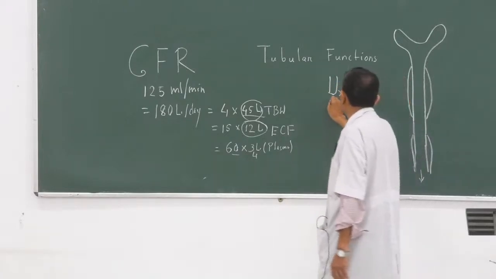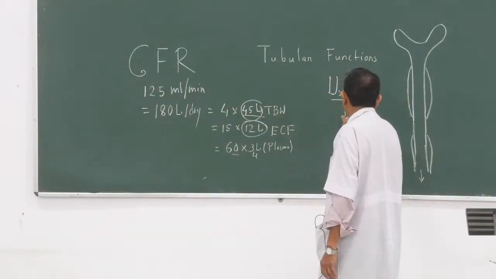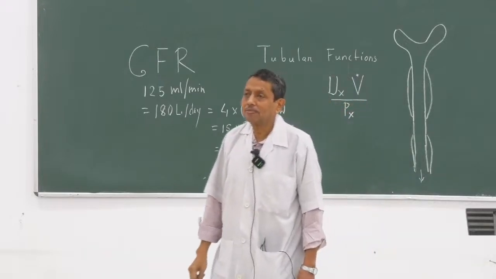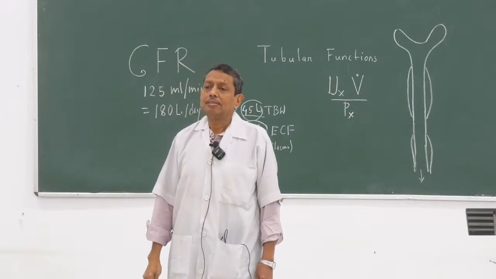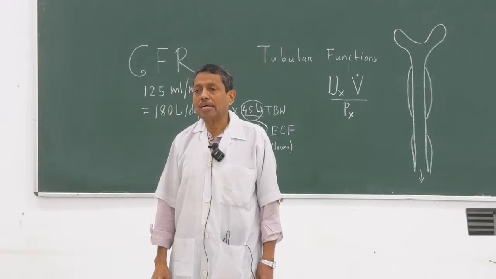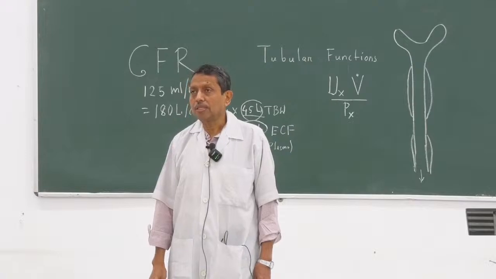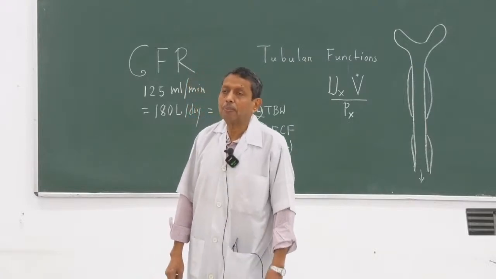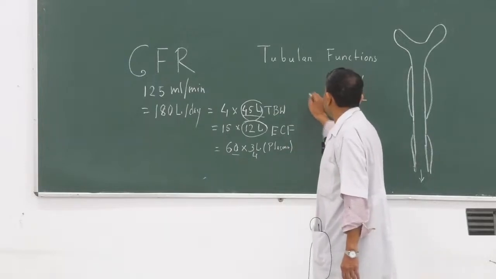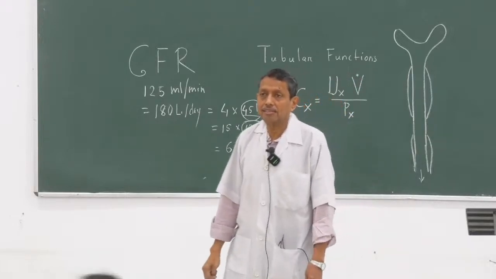And if it is divided by the plasma concentration, renal arterial plasma, or the venous plasma when it is not different from that of the arterial plasma, you can replace the arterial plasma concentration with the systemic venous concentration, and it is the clearance of X. It is the clearance of X, renal clearance.